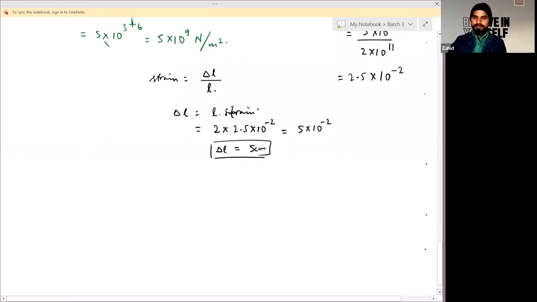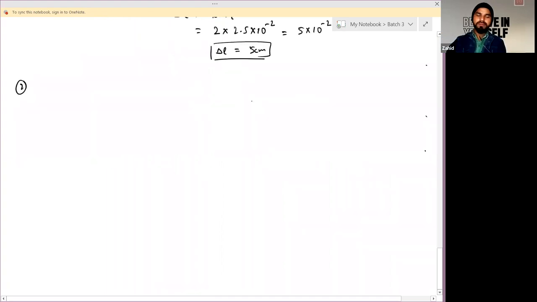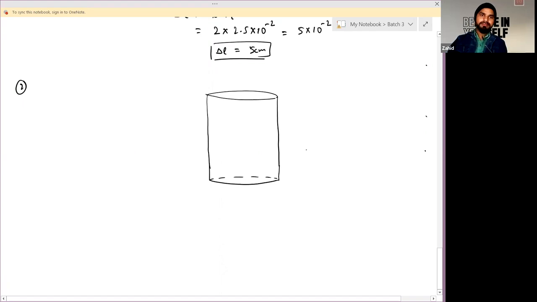Now the second type is, suppose you have a cylindrical block whose base is kept fixed. Now, if you apply a tangential force to it, I have assumed this base to be fixed.